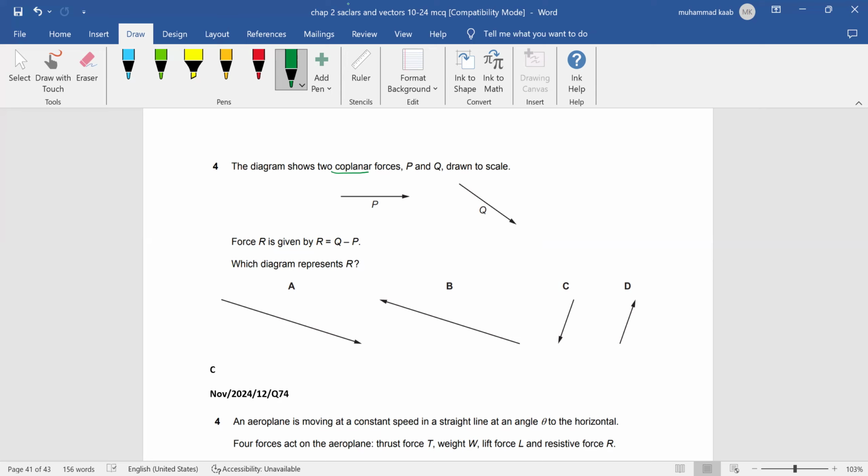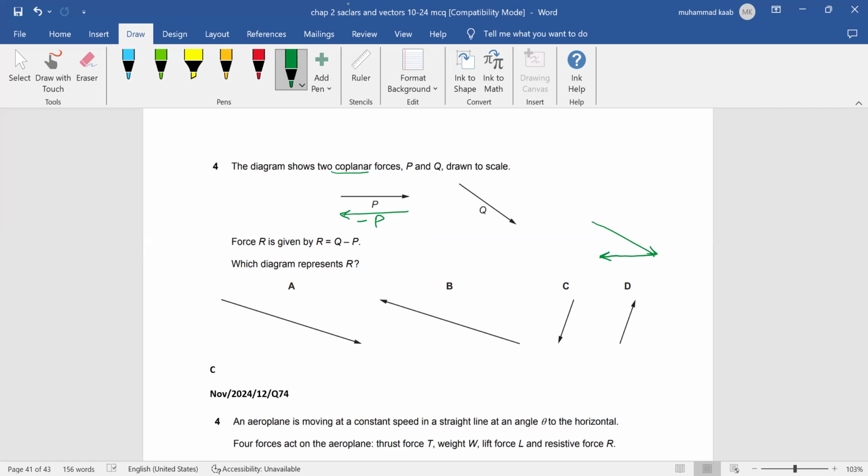Fair. Okay, so what will you do? It's A. Basically, if like P to Q, it's the head to tail method, right? So P, you're doing Q. But bro, they're saying Q minus P. Minus means you have to change the direction of P first, okay? So just draw the negative P first. This is the negative P. Now apply the head to tail rule. So the head to tail rule would be like this.